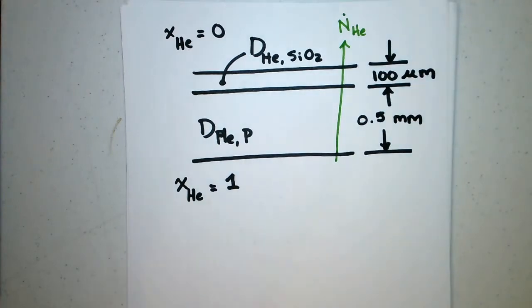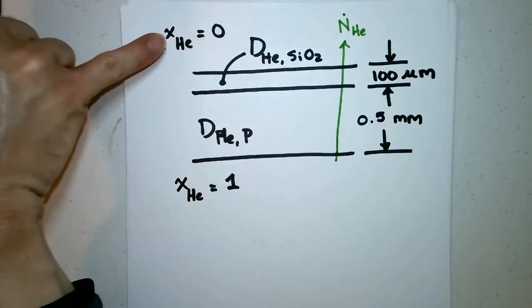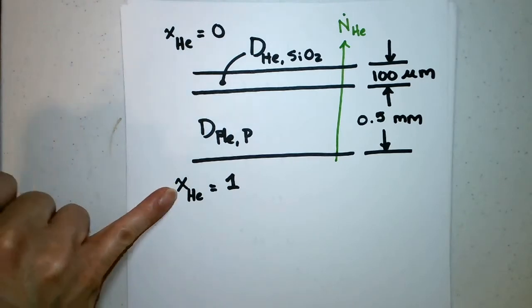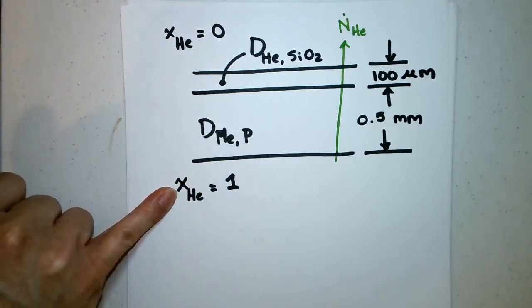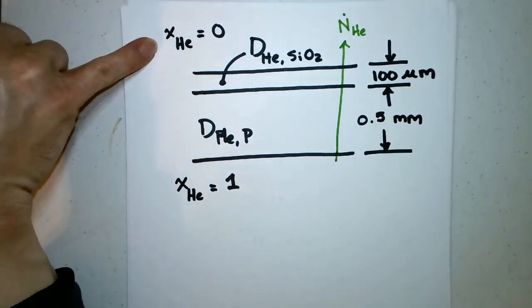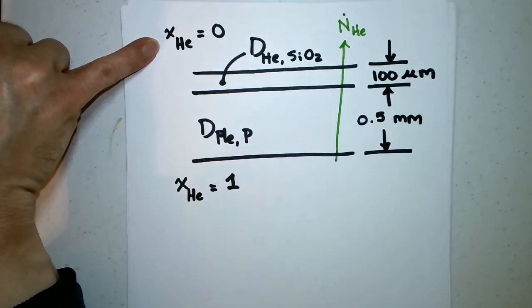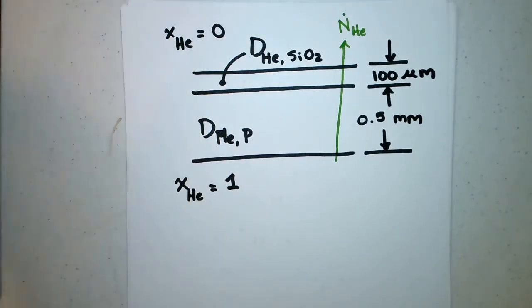And so what you guys did was you set up a resistance network. You said, well, if there's going to be some driving force, being this fraction of helium, we have a high concentration of helium on one side of this barrier and a low concentration of helium on the other side of this barrier. So we have a strong driving force, and there must be some sort of resistance to that driving force.